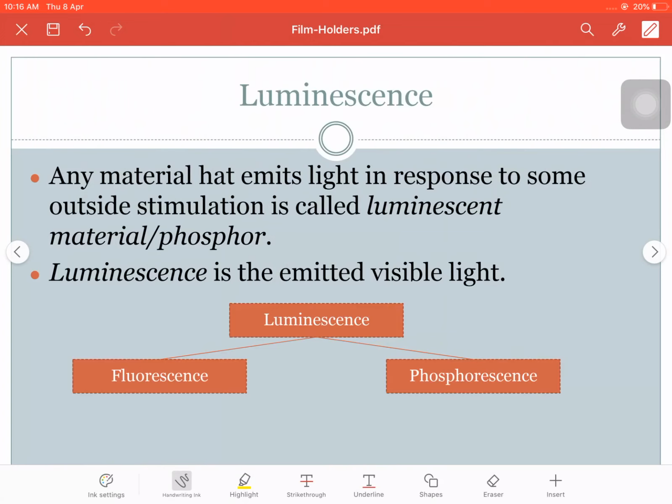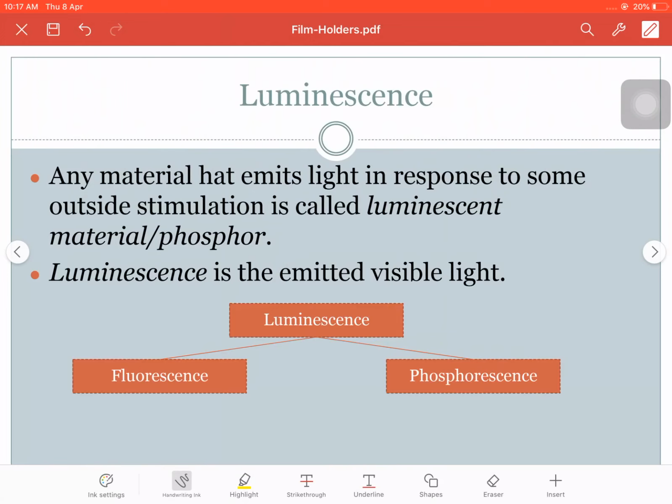Okay, so we have mentioned that the phosphor afterglow should be minimal, because we know that a phosphor emits light and therefore it is a luminescent material. When we say luminescence, any material that emits light in response to some outside stimulation is called a luminescent material or a phosphor. So luminescence is the emitted visible light.